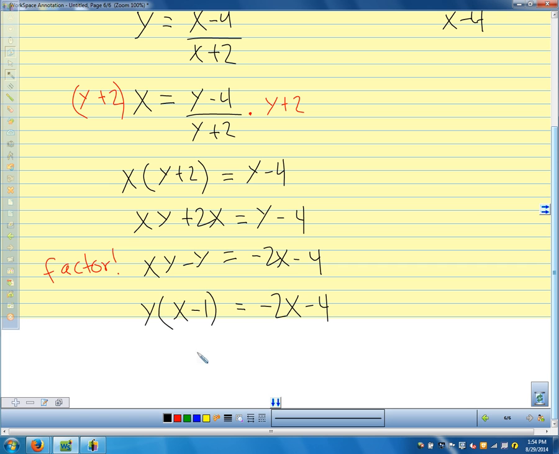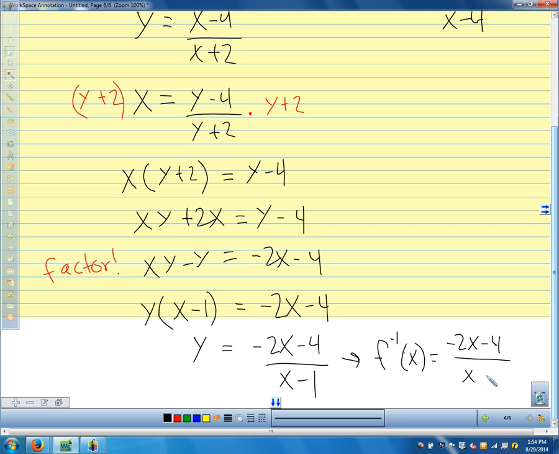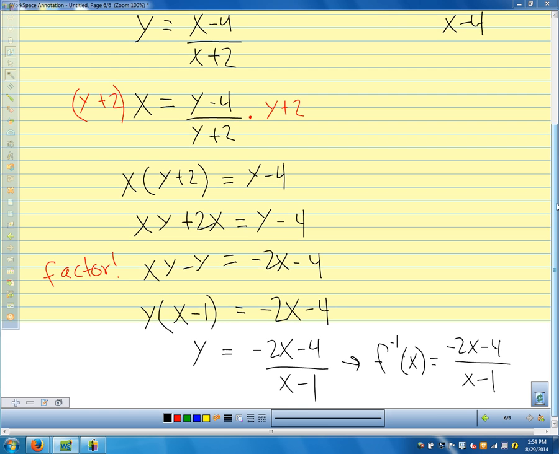Solve for y, divide by x minus 1. y equals minus 2x minus 4 over x minus 1. And I write f inverse, and I'm done. So a little more work than just flipping the fraction or changing the signs. This problem with fractions is the type of inverse that gives people more trouble than the others.